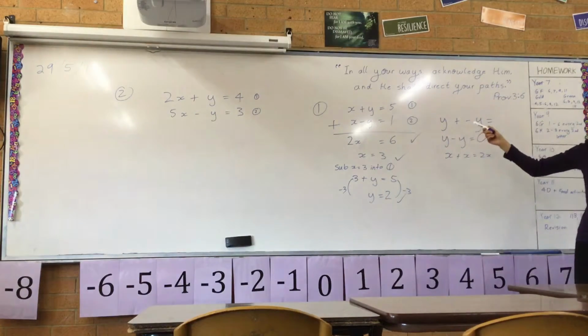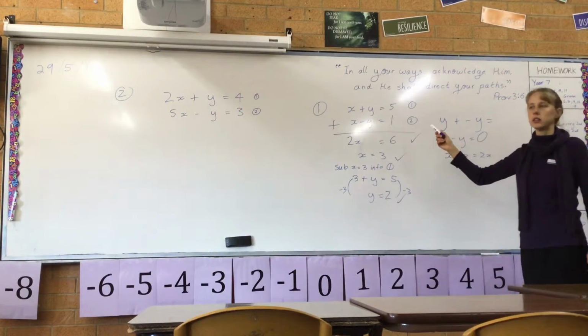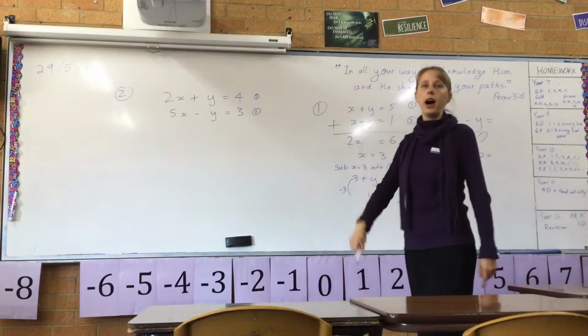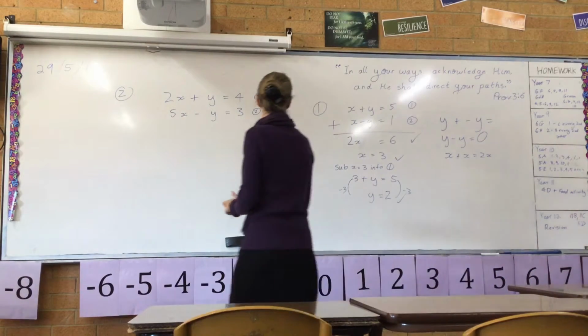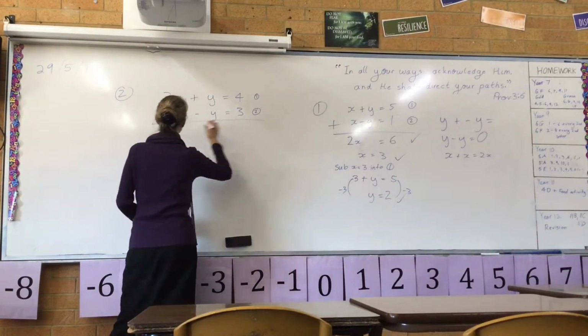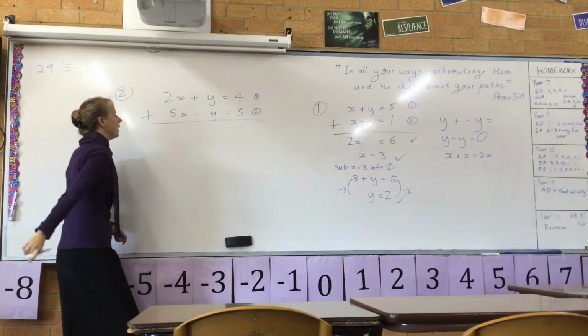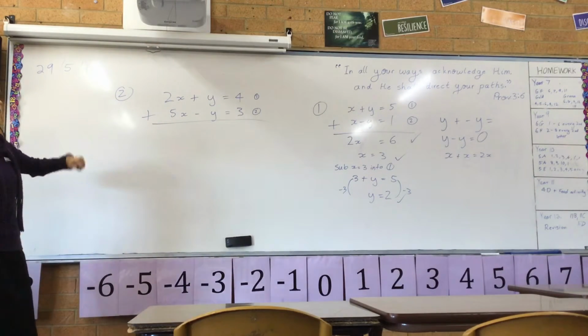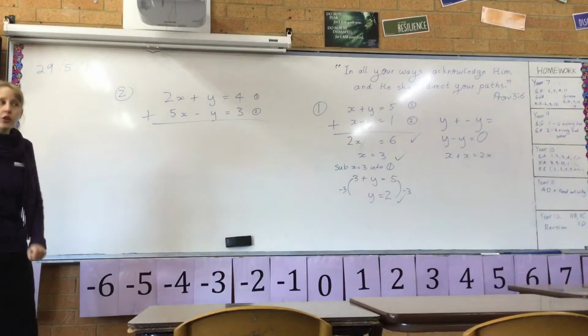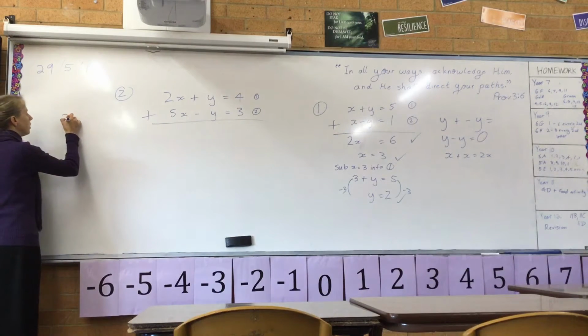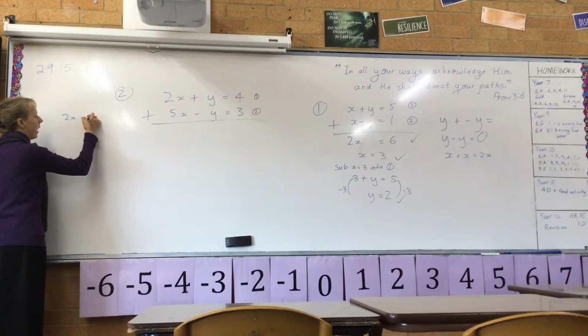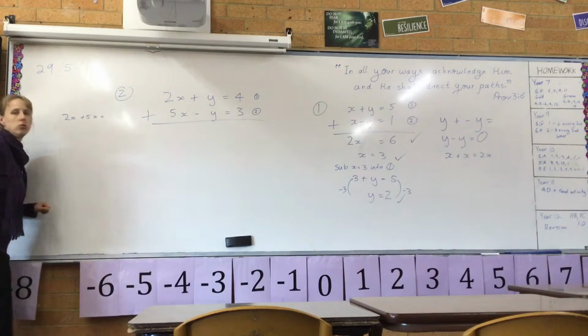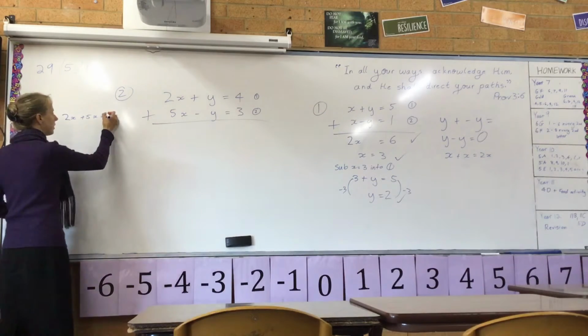What did I do last time? What's the first thing I did? I added them. And amazingly my y vanished. Let's see if it happens this time. So, 2x plus 5x. You could do that in your head, or over on the side you could write 2x plus 5x. What should that equal? 7x.